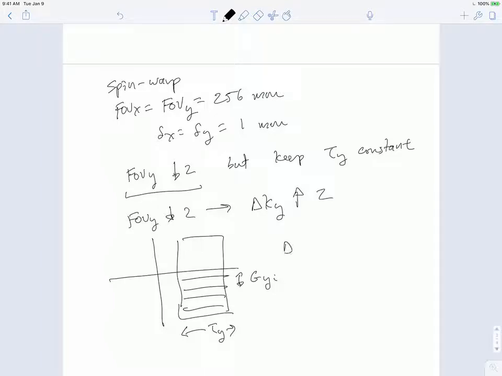So because that delta ky is equal to gamma over 2 pi Gyi tau sub y, we said that this went up by a factor of 2, this is constant, and therefore this one must also go up by a factor of 2. Okay, so if that was one of the options, and we're making up a problem on the fly for those of you who just came in, then you would say that incremental gradient should increase by a factor of 2.